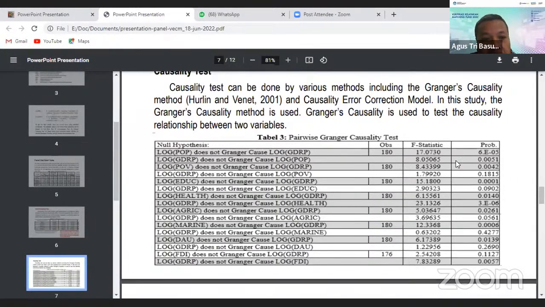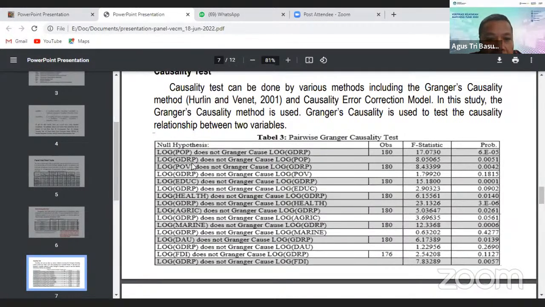In the second test, population to GDRP, you can see the probability value of 0.0051. It means that the probability is less than 0.05. It means population has an effect on GDRP.